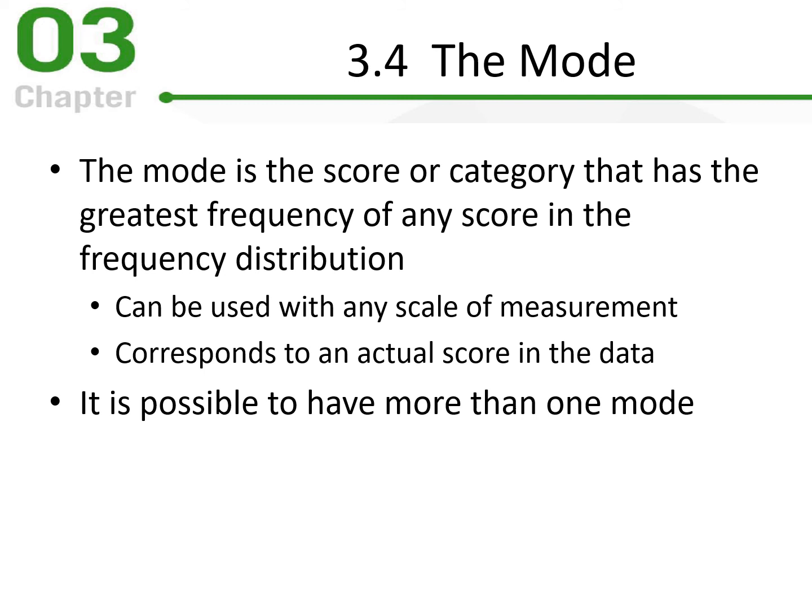So you can calculate the mode with a variety of different types of variables, but the mode is mostly used with nominal or categorical variables, categories, right? You can also have more than one mode. If you have two modes, you have what's called bimodal. If you have more than two modes, you have what is called multimodal.